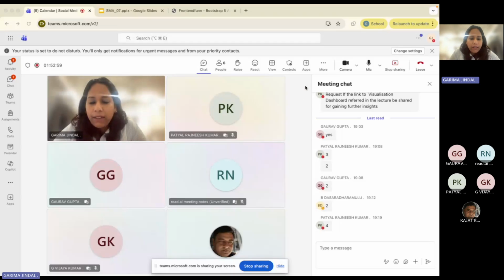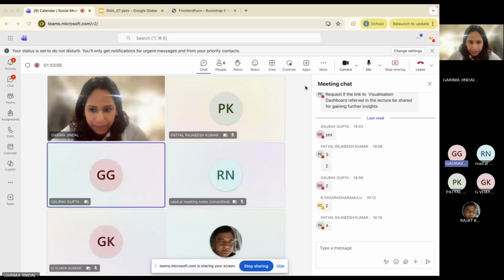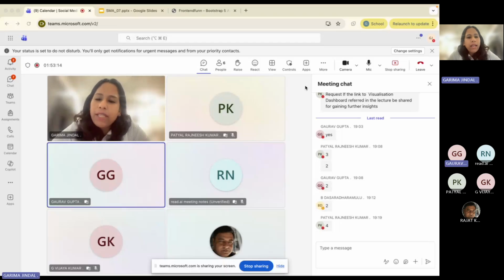Any questions anyone wants to ask? Ma'am, can we get the communities by node betweenness as well? Just like edge betweenness, yes, there must be some algorithm that uses node betweenness to identify the communities.